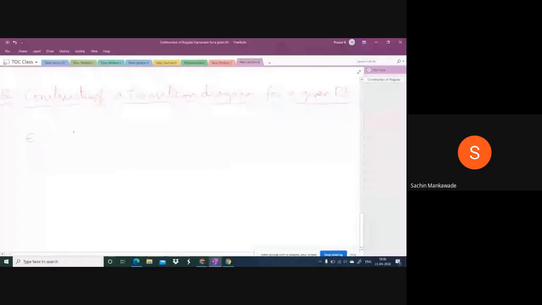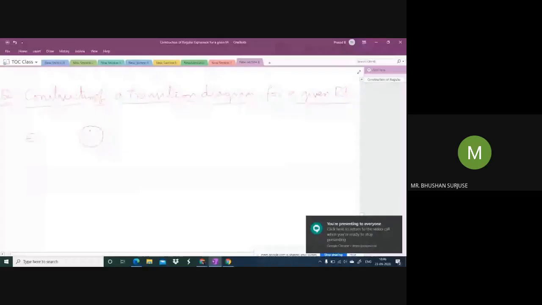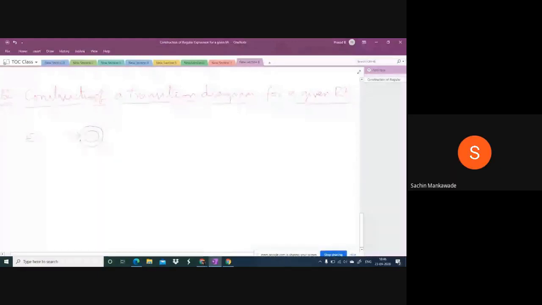So, is this here the expression? For epsilon, what is the diagram? One state, which is initially the final state too. Yes or no? Yes. Now, for input symbol A, this A is the regular expression.